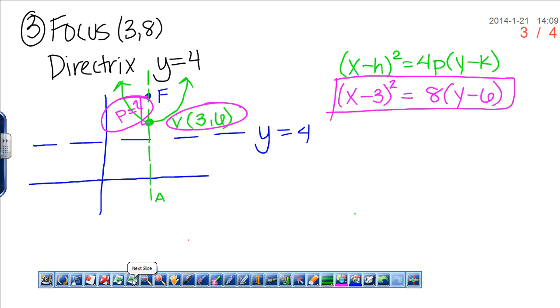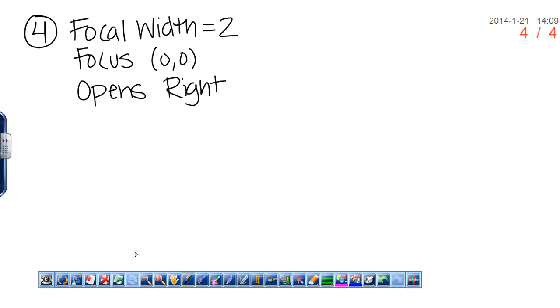All right, let's try one more. I have a focal width of 2 units. You have a focus at 0, 0. And the parabola opens to the right.